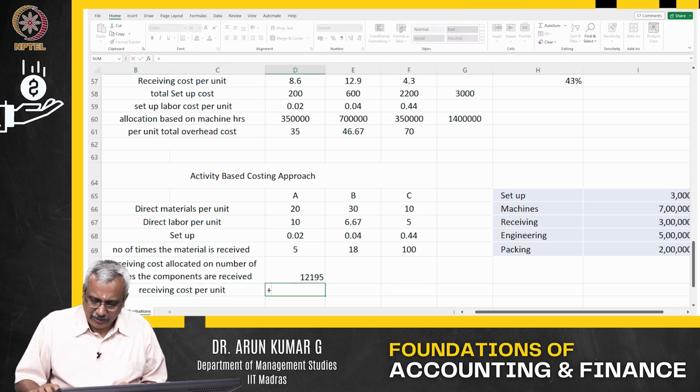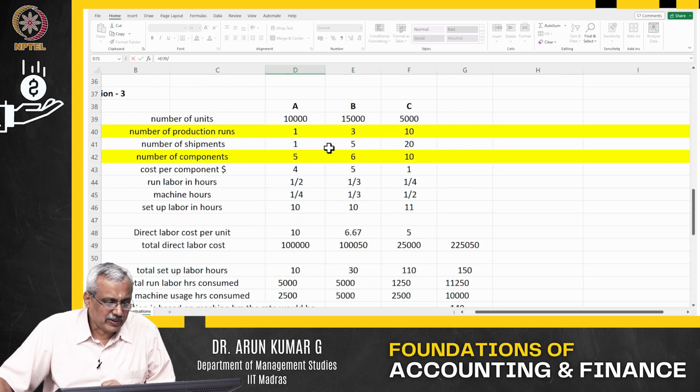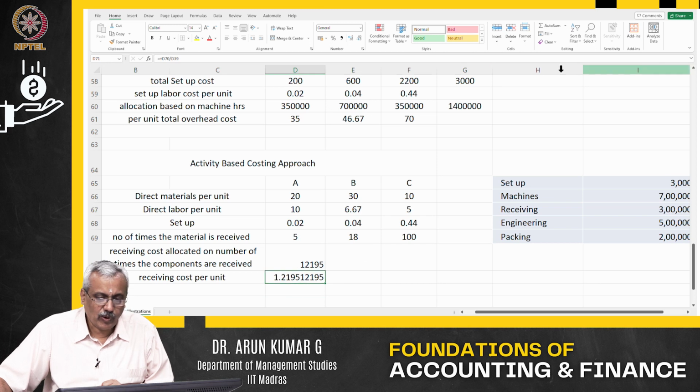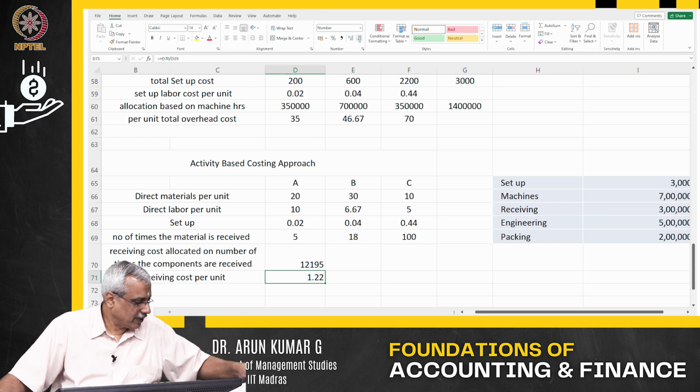This is the total receiving cost, and the number of units is 10,000, so the receiving cost per unit is about 1.21, or 1.22 is what I would basically get in this particular case.